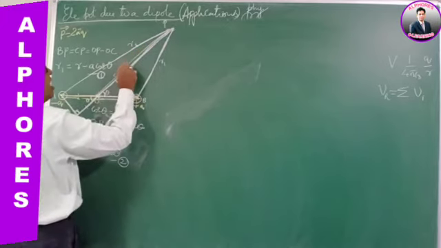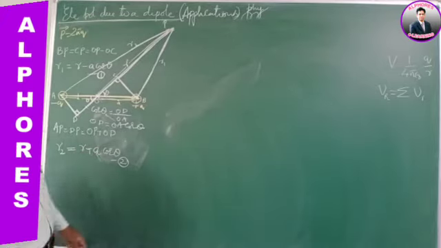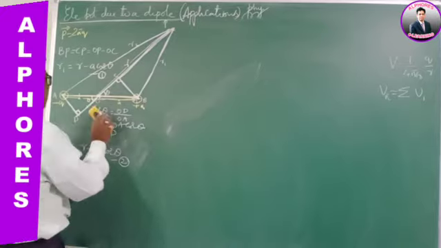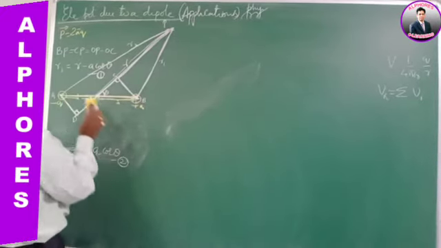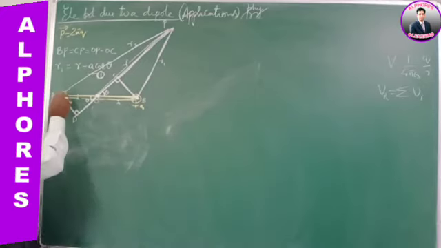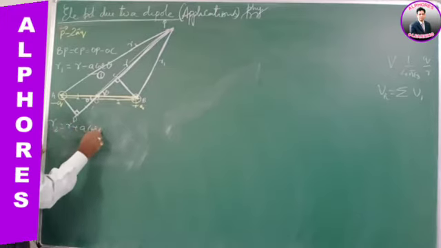OP is R and OD we have found as A cos theta. So R plus A cos theta. So first find the respective distances. The respective distances are R1 is this, and the distance R2 is equal to R plus A cos theta.